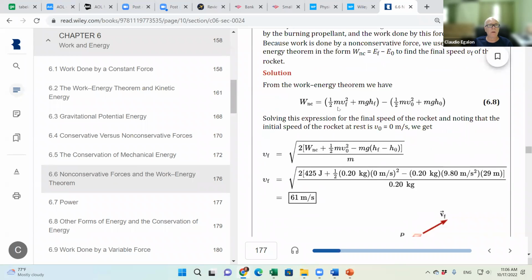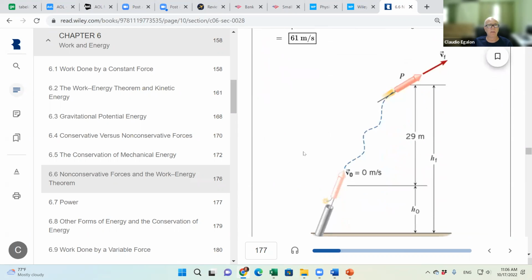So you have to find the final kinetic energy, and that's what he's doing here. Here's the final mechanical energy, here's the initial mechanical energy. Then you substitute the value of the non-conservative force right here and find the final velocity.